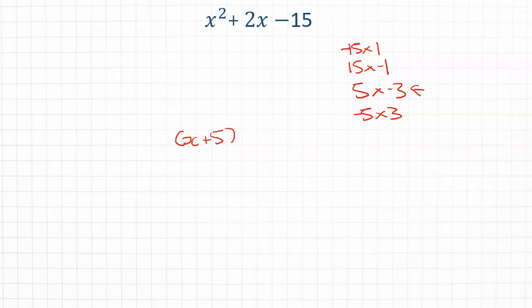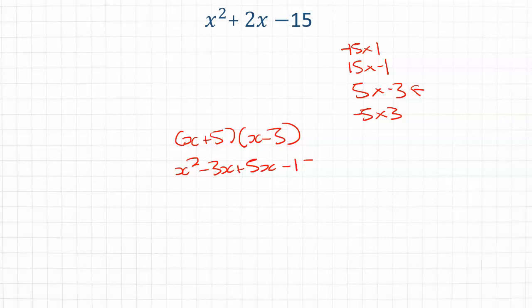We can now write the double brackets containing x plus 5 times x minus 3, which is x squared plus 2x minus 15 factorized. We can multiply out just to check. X plus 5 times x minus 3 multiplies out to x squared minus 3x plus 5x minus 15.